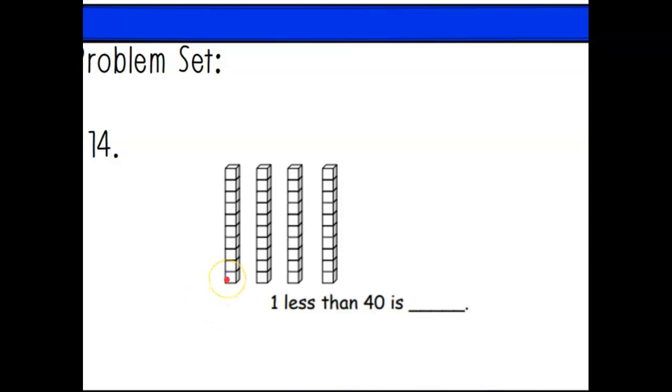All right, now we're going to do 1 less than 40. 10, 20, 30, 40. We're going to X out 1. And we have 10, 20, 30, 31, 32, 33, 34, 35, 36, 37, 38, 39. Did you say 39? Good job.